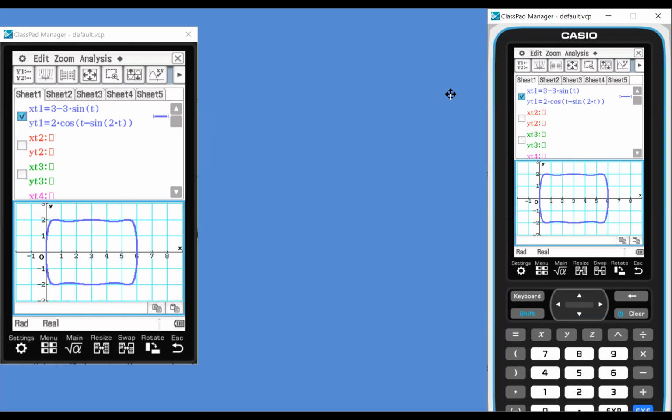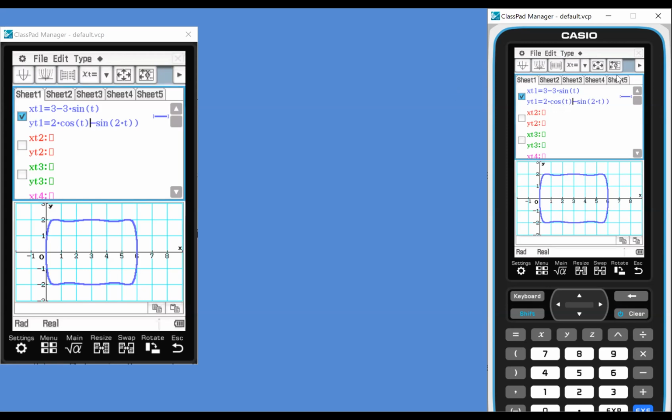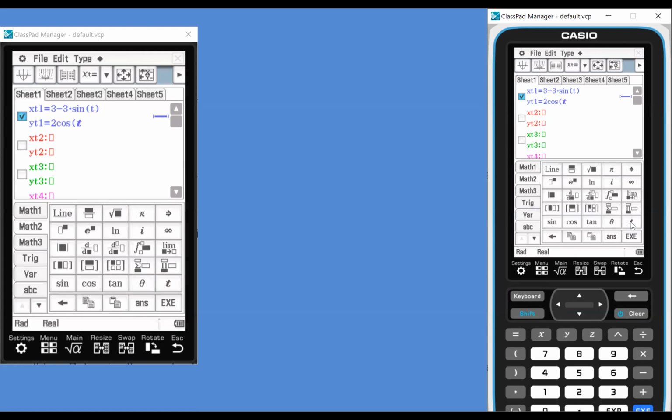That is not what it looks like. So 3 take 3 sine t, oh, I messed that up. Okay, let's try that again. 2 cos t, take sine 2t.